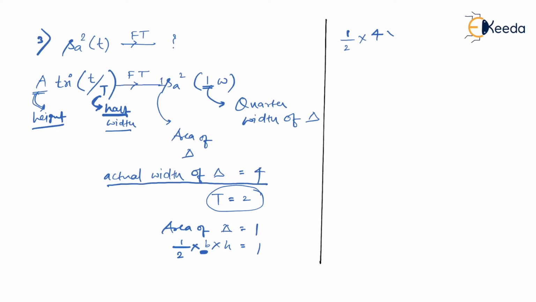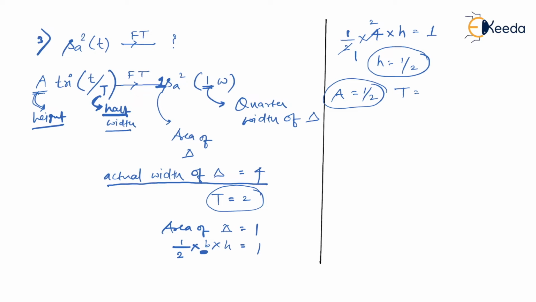So half into 4 is the base, and the height of the triangle is not known to me, and this should be equal to 1, because the area of the triangle is equal to 1, which is nothing but the coefficient of the sampling square function. In that case, the height is 1 by 2. Am I right? In our case, height means capital A. It means the value of capital A I now got as 1 by 2, and the value of T is 2.